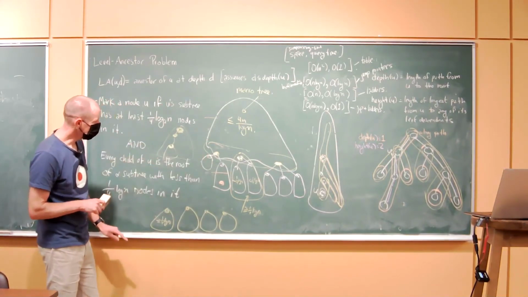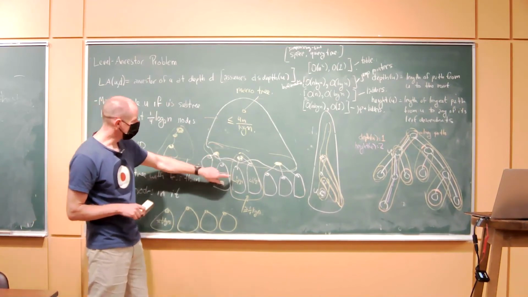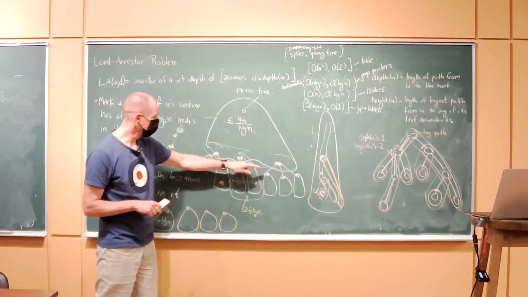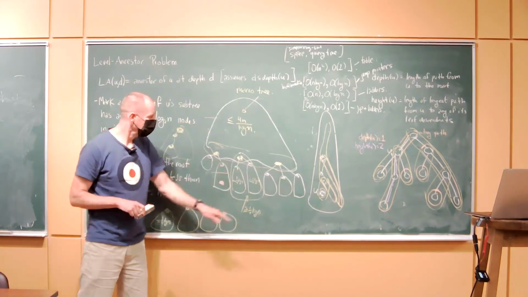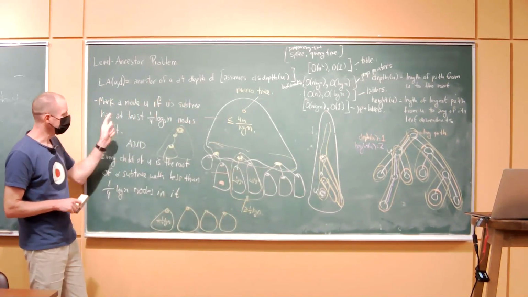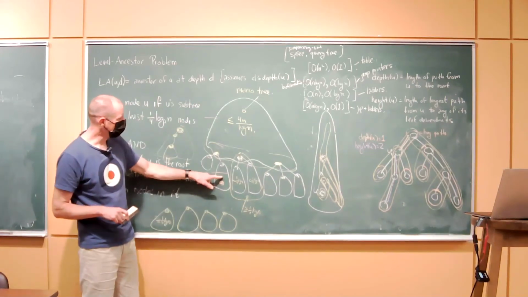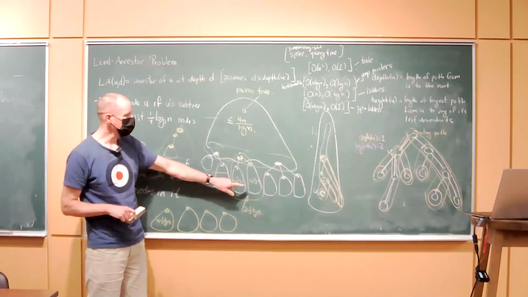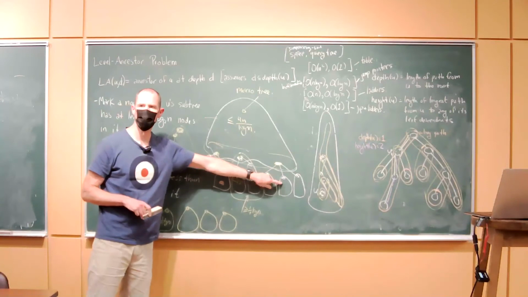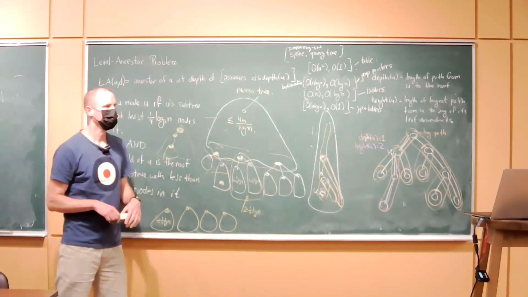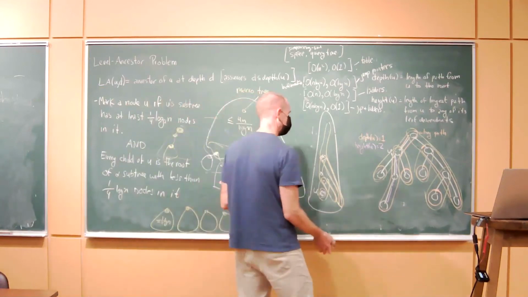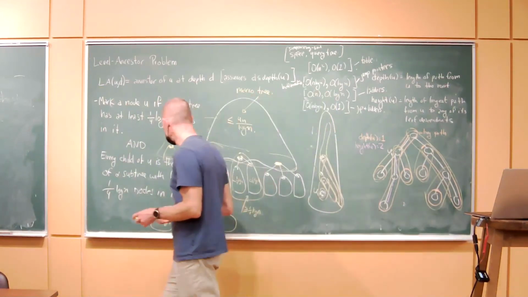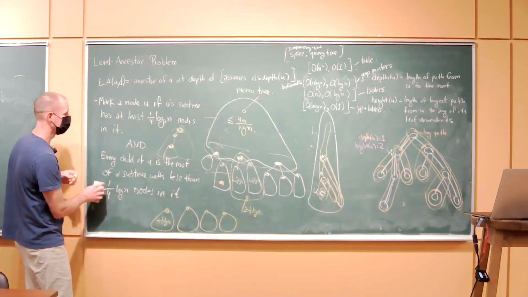And if I look at the stuff that's hanging off of here, that doesn't cover everything, right? There's still these other subtrees hanging off of here. By the definition of a marked node, every one of those subtrees has size at most 1/4 log n. Okay, good. This is really looking hopeful now.